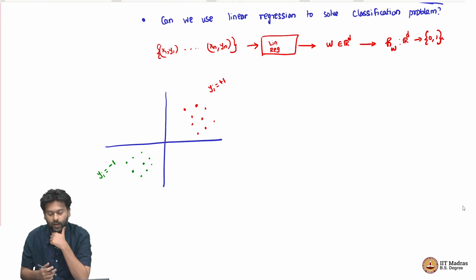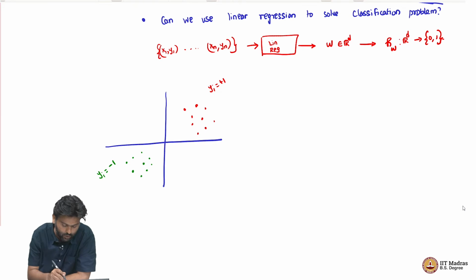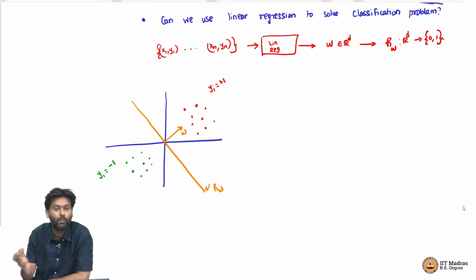These are two-dimensional data. Now, if you solve the regression problem, let us say you get some W which looks like this. What does that mean? That means this is the hW that you are going to get, and anybody on the right hand side is going to be positive, anybody on the left hand side is going to be negative. It looks good, right? This is in fact a good way to separate the positives from the negatives, and your regression might give you this.